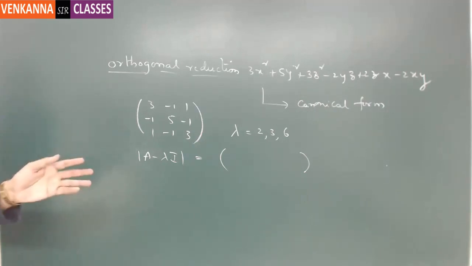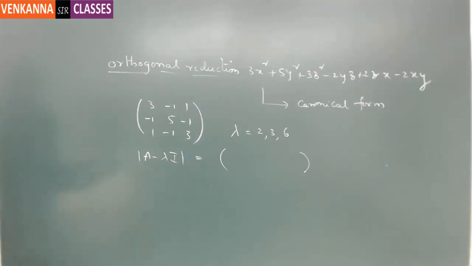Or I will write the eigenvectors straight away for lambda equal to 2, 3, 6. Please tell your feedback. Is that required or not? Or if you want me to find one value, I will find it for one value.